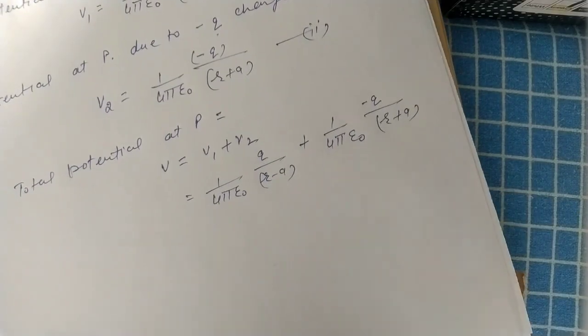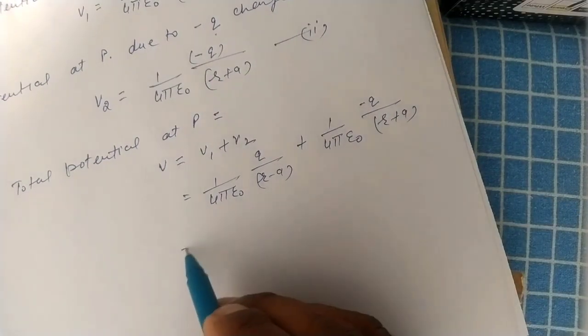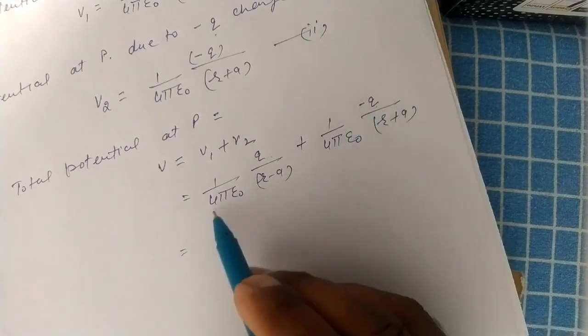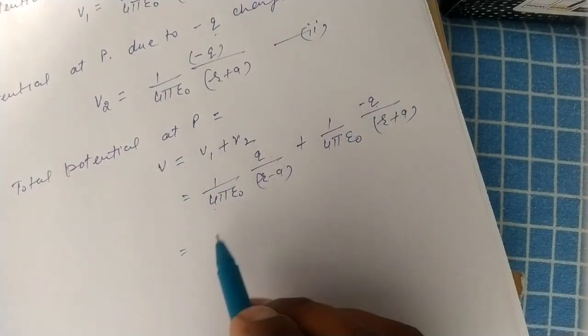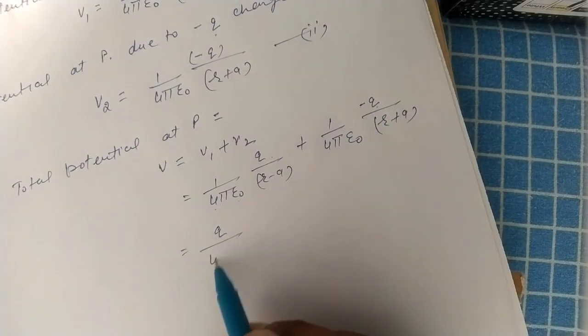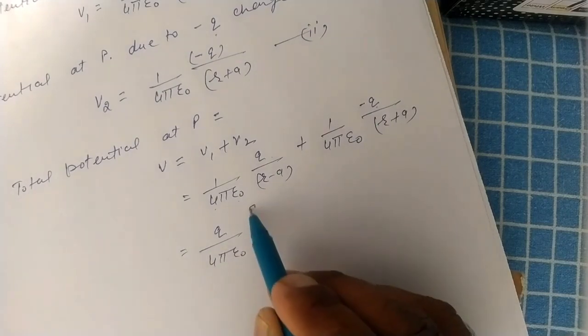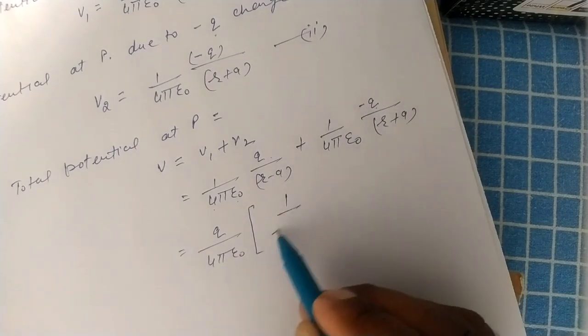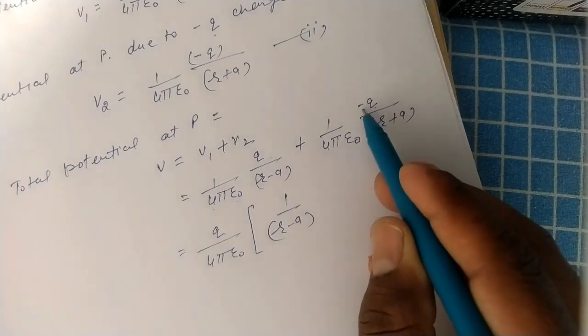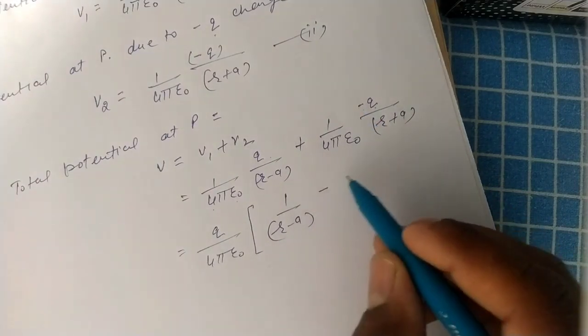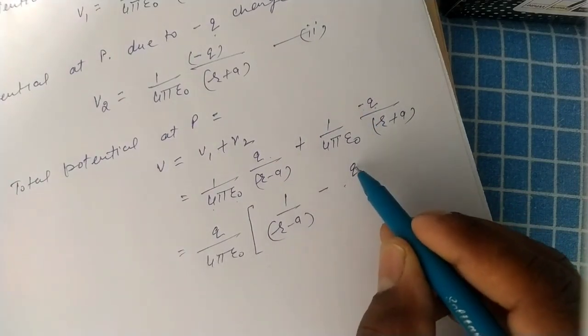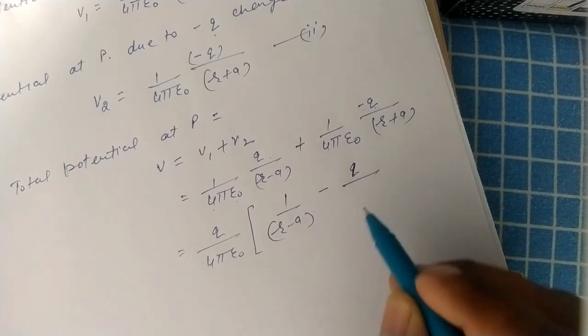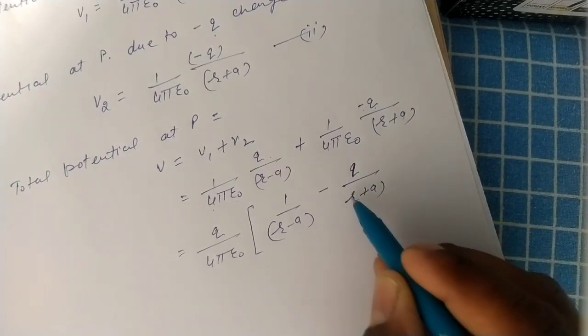We can calculate it. Q upon 4 pi epsilon naught is common. 1 upon r minus a, here is the minus sign, we can put it this. 1 upon r plus a.